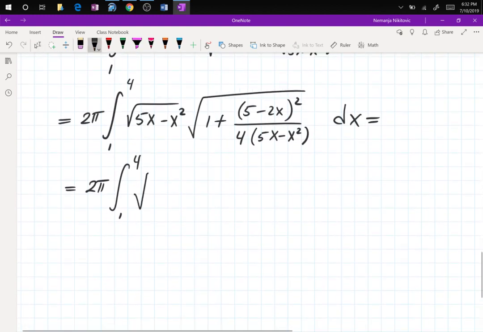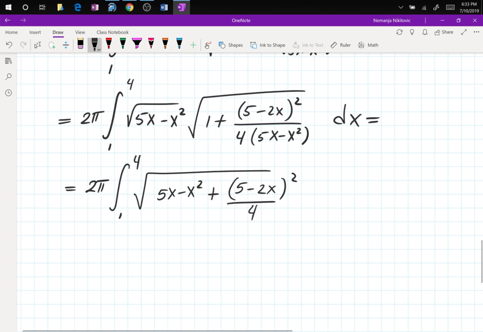I will go with a single square root now, and then 1 times 5x minus x squared is 5x minus x squared, plus now 5x minus x squared, and the one on the bottom will cancel, leaving just 5 minus 2x squared over 4 dx. So the hope is that a whole bunch of stuff is going to cancel out when I work this algebra out, and I will be able to integrate.